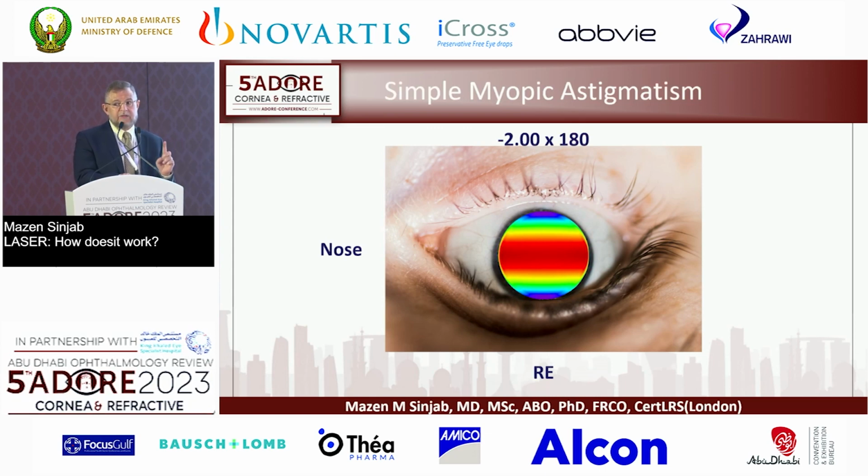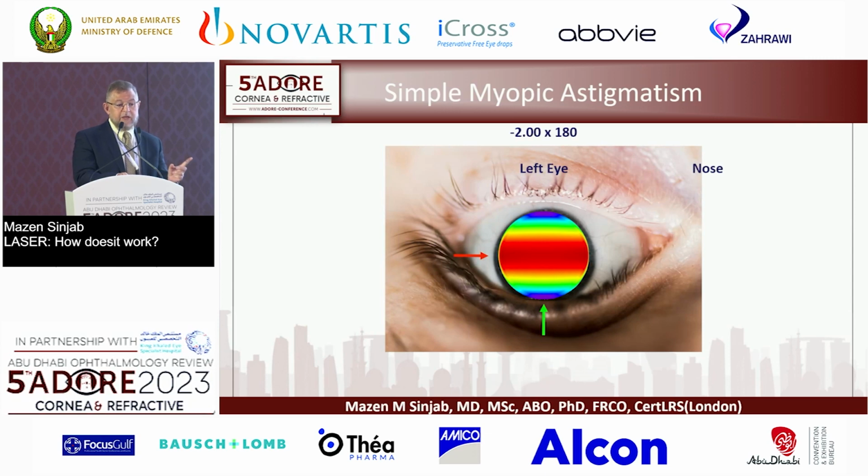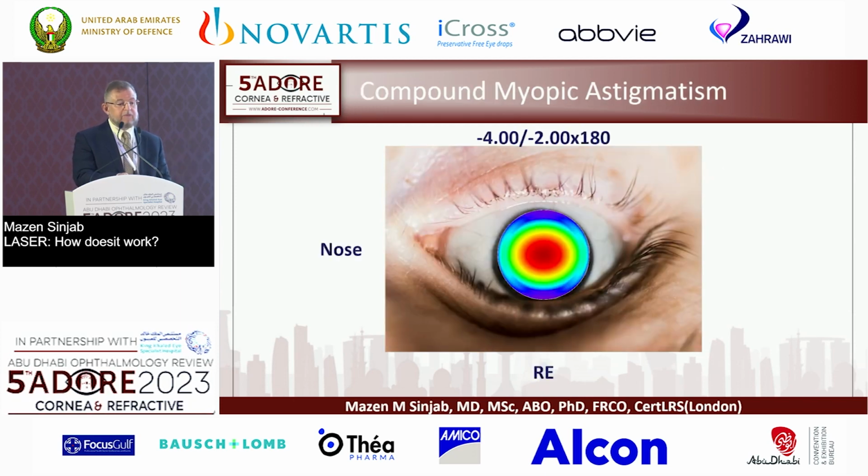Remember, the laser will hit the periphery of the flat axis. The flat axis is the 180 because the minus cylinder is at the flat axis. So in this case, we can do the hinge superiorly, and by this, the laser will not hit the hinge. And if you do it nasally or temporally, then there will be hit of the neck.